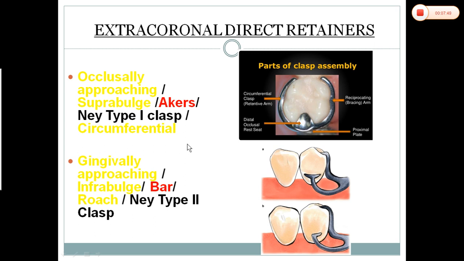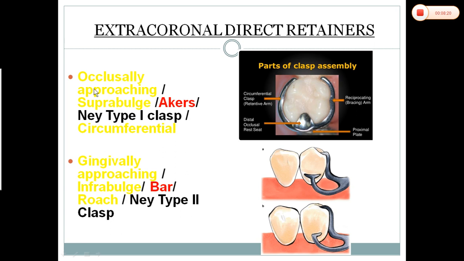According to how the clasp approaches the undercut area, clasp assemblies are categorized into suprabulge clasp and infrabulge clasp. In the suprabulge clasp, the clasp arm starts at the occlusal surface and reaches the undercut area from the occlusal surface.